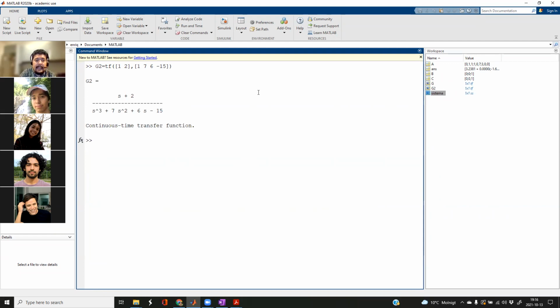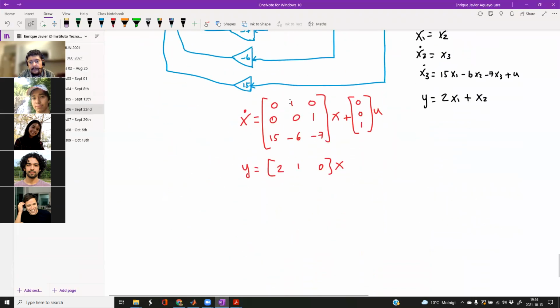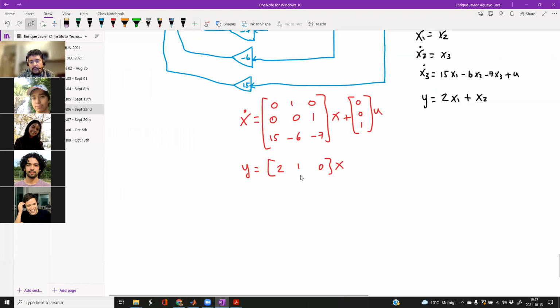And then on the other hand, I have A2 equal to [0, 1, 0], [0, 0, 1], [15, -6, -7] as matrix A. Then matrix B2 equal to [0, 0, 1] transposed. And matrix C2 equal to [2, 1, 0].